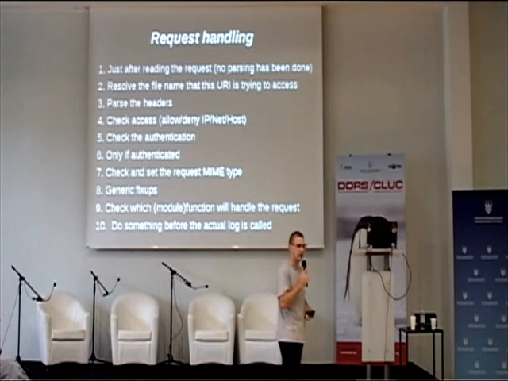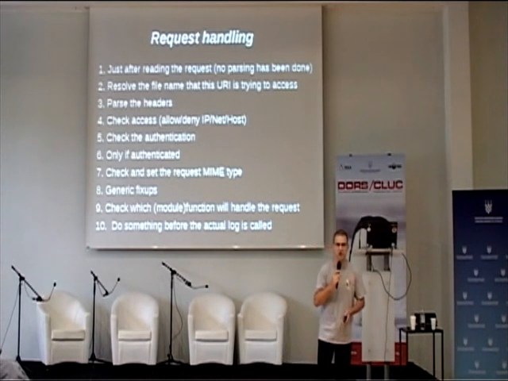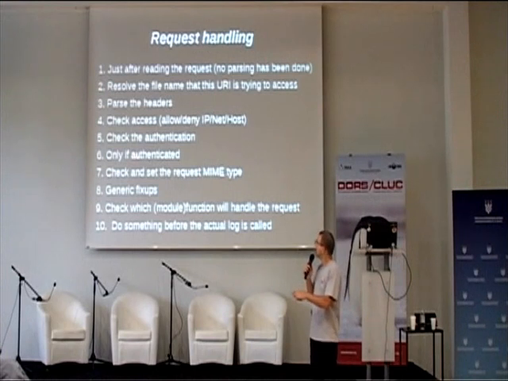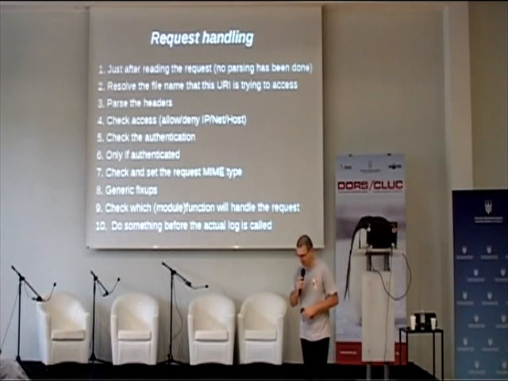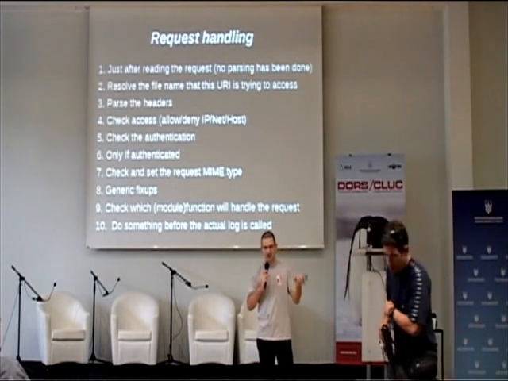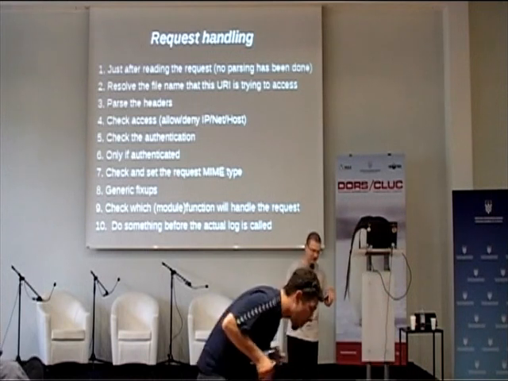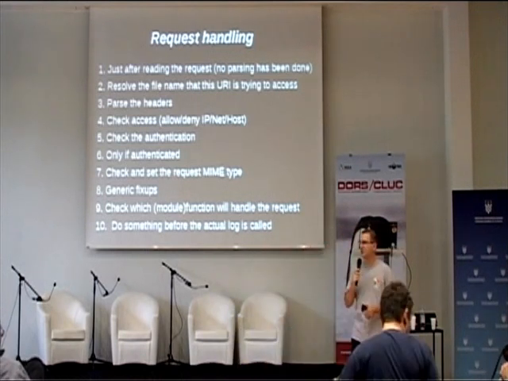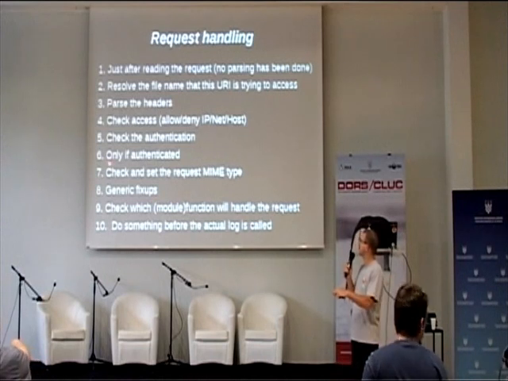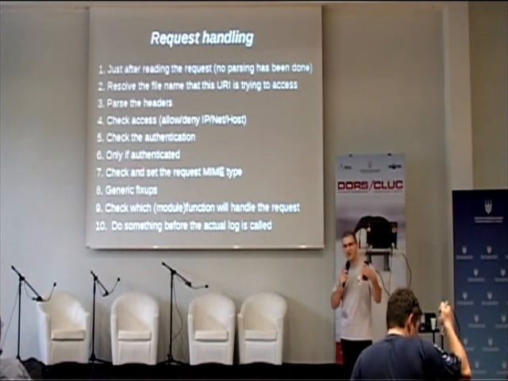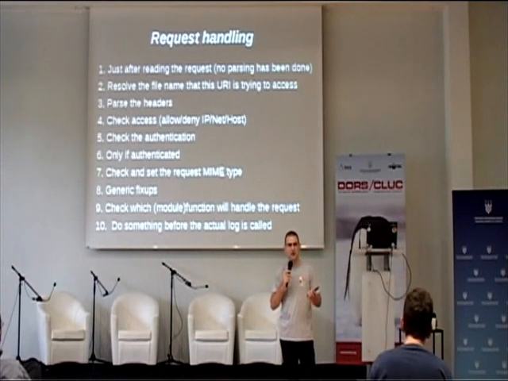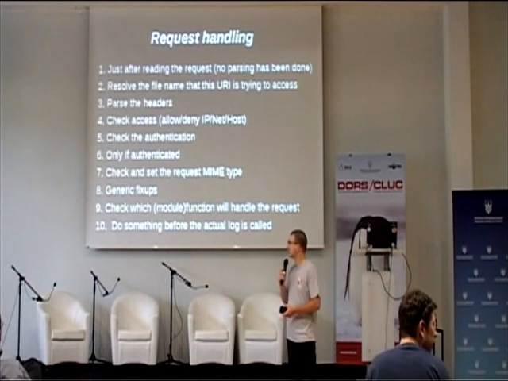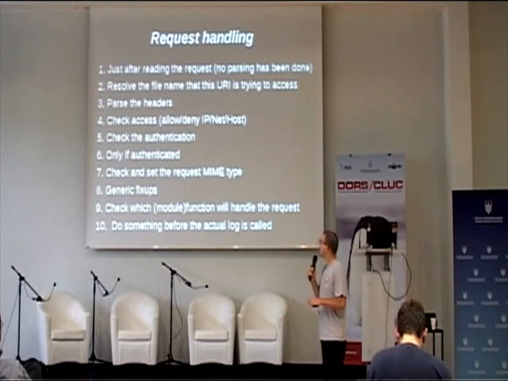This is only for IP network checking, host names and IPs. The next one is for authentication, and the step after that is only if you have a user and it has been authenticated, you can do additional tasks directly from the module.